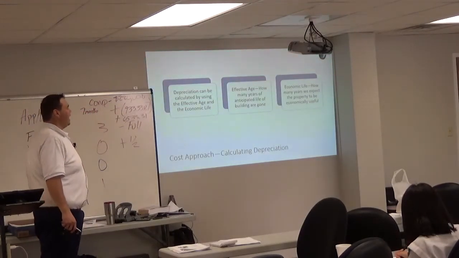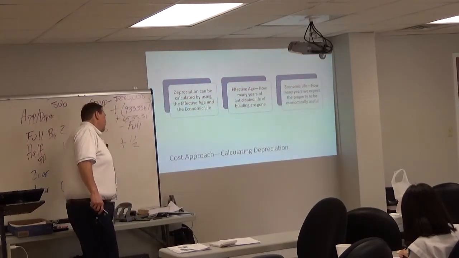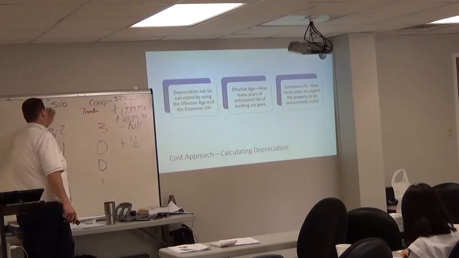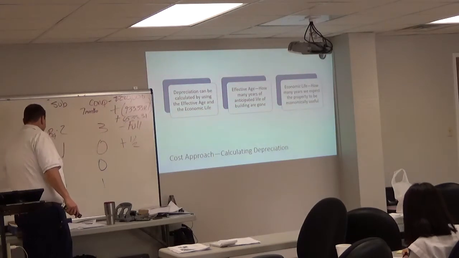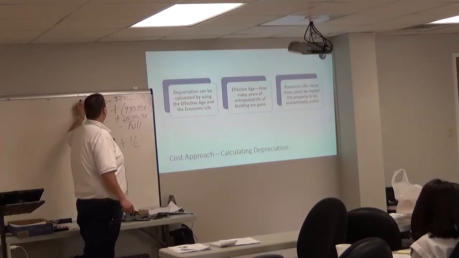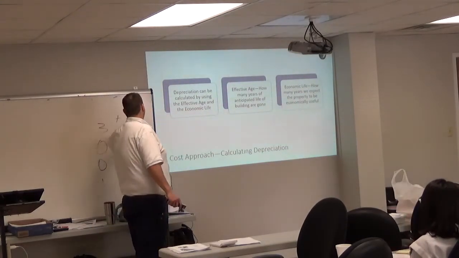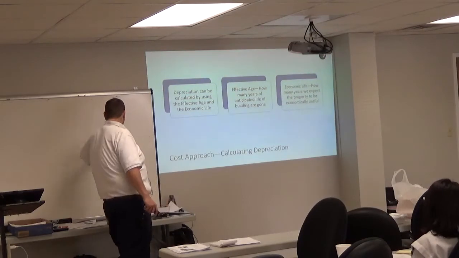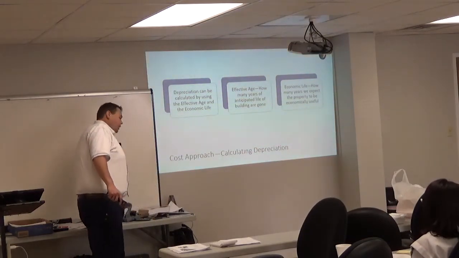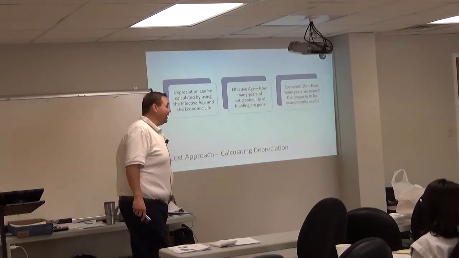As far as the math of calculating depreciation, we're almost to the point of doing the math on it already. When you calculate depreciation, there's some terminology you need to know. You need to know something called the effective age, and you need to know something called the economic lifespan.